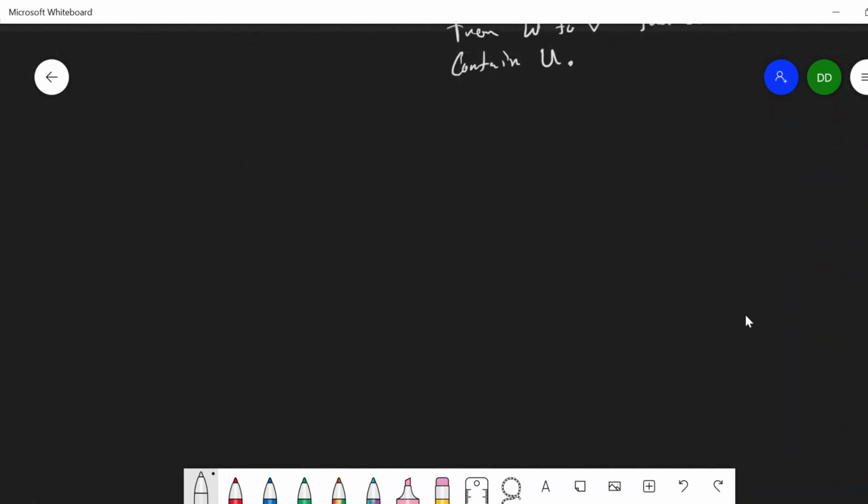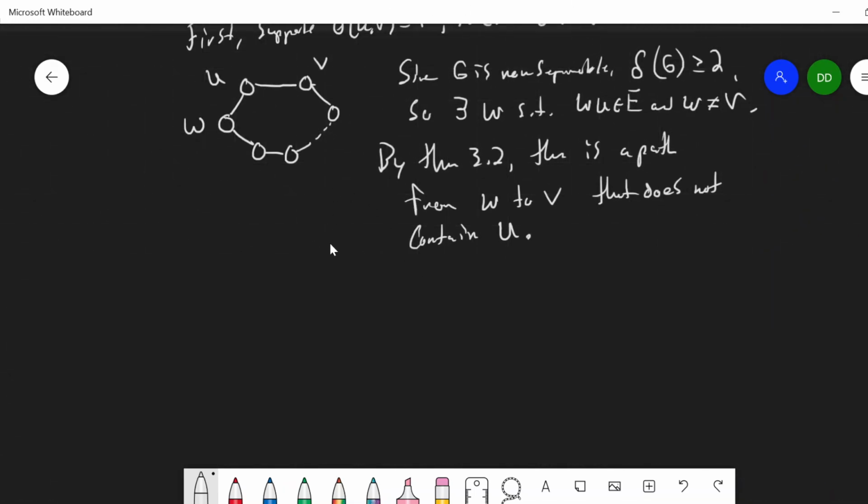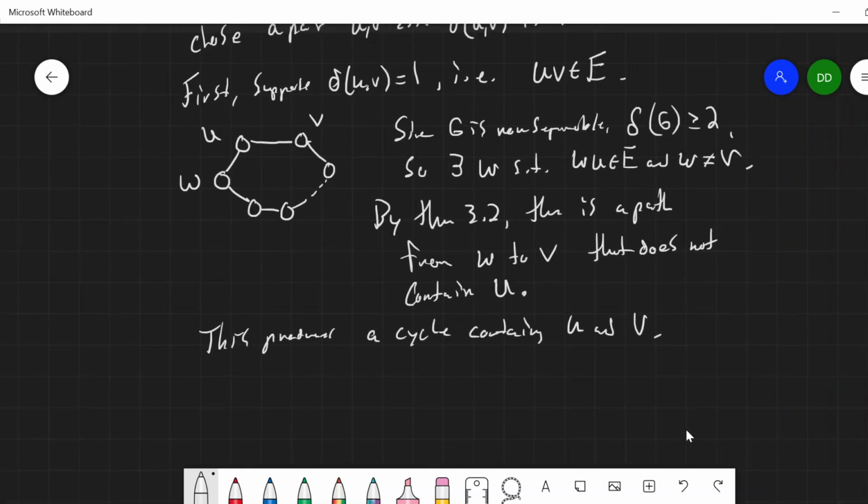So this produces a cycle containing U and V. So that's a contradiction, and so U and V lie in a common cycle.